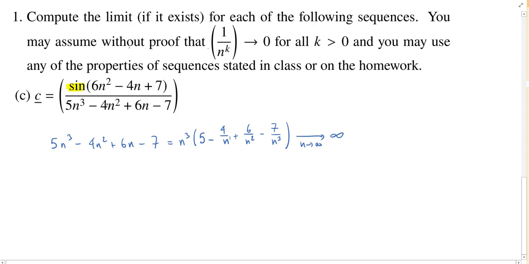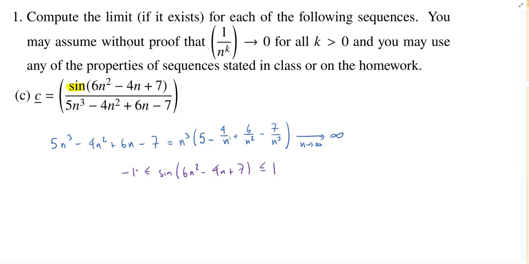How could we prove it? Well, whenever sine is involved in these, it's a good idea to check out the squeeze theorem. So let's write down what the squeeze theorem would tell us. First, we should say something about the sine function. We know that the sine of this quadratic is bounded above and below by 1 and -1.